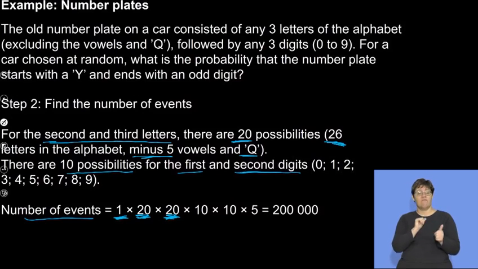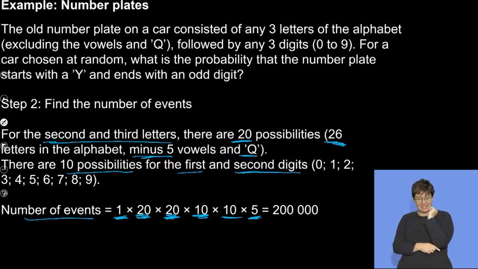Then followed by 3 digits. But there's a restriction for the digits: the last one must be an odd number. The first 2 digits do not really matter. We have 10 digits, so we can have 10 there, and 10 there.